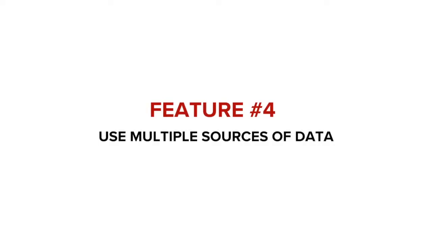The number four feature of qualitative research is that data can look so many different ways, and it is important that you are using multiple sources of data. So it's not so much that we're going to use one interview from one person to explore a particular problem. No, we're going to use multiple people and multiple people's experiences.